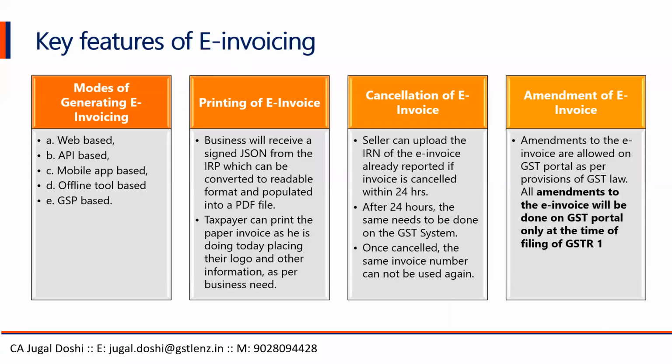So what are the key features of e-invoicing? Firstly, what are the modes through which we can generate the e-invoice? As you all are aware, we have to generate the e-invoice at the moment when we are raising the tax invoice. Most of the CAs are aware of Tally, so I will give you an example of Tally.